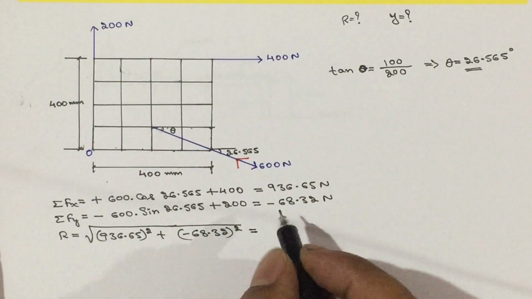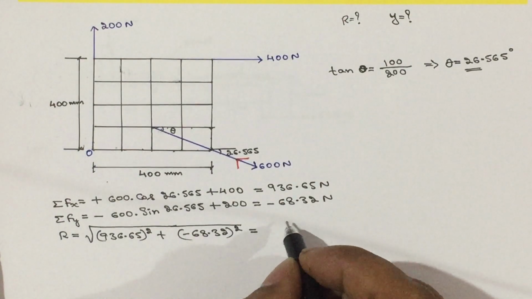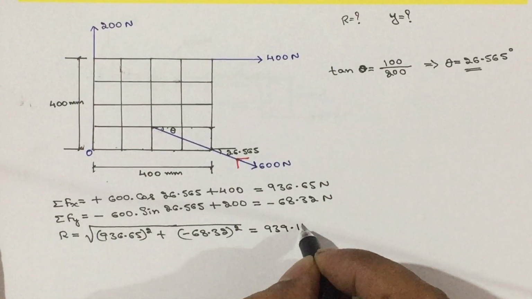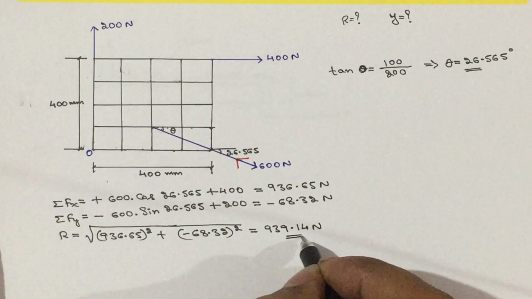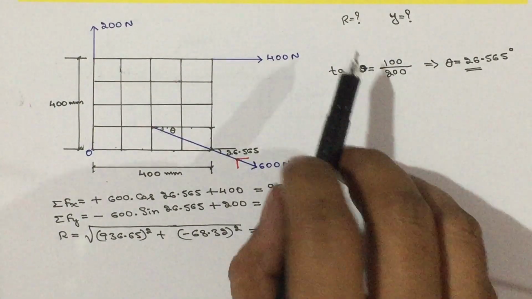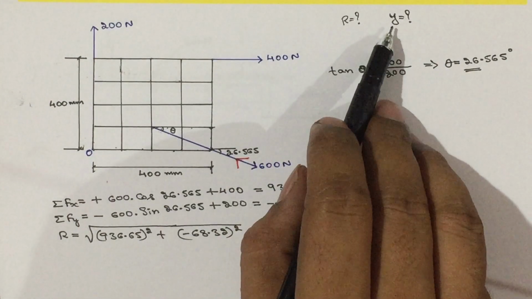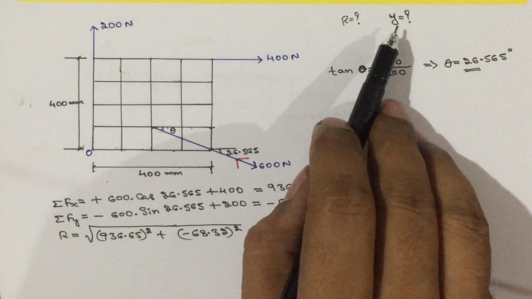Once you calculate, you will get the value as 939.14 Newton. Here there is no need of direction because we want only the magnitude of the resultant. Okay. Next what do we need?